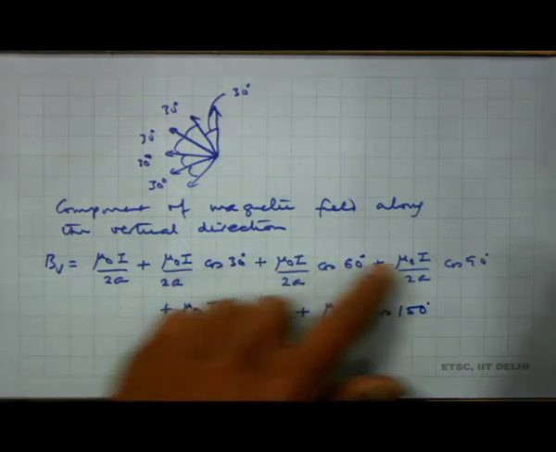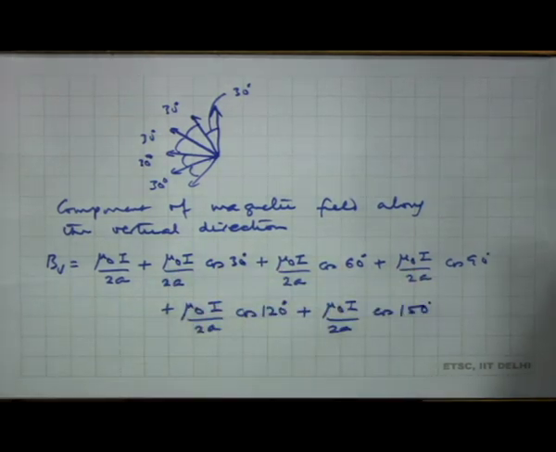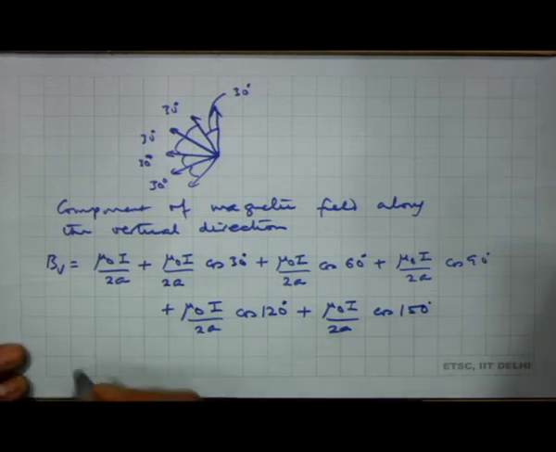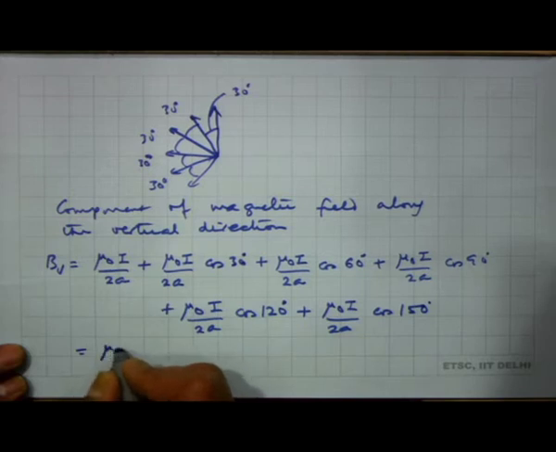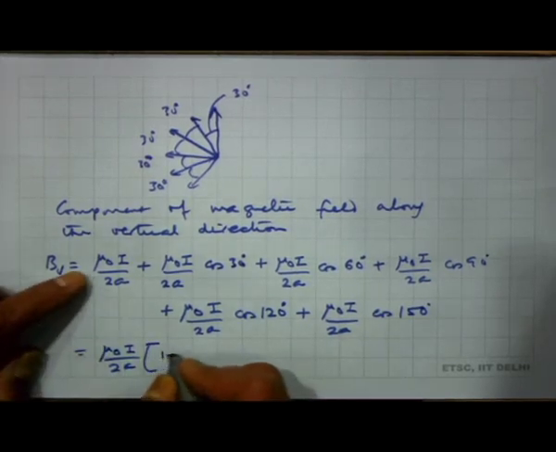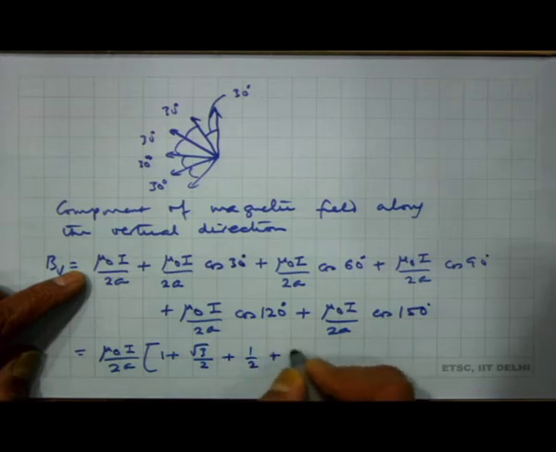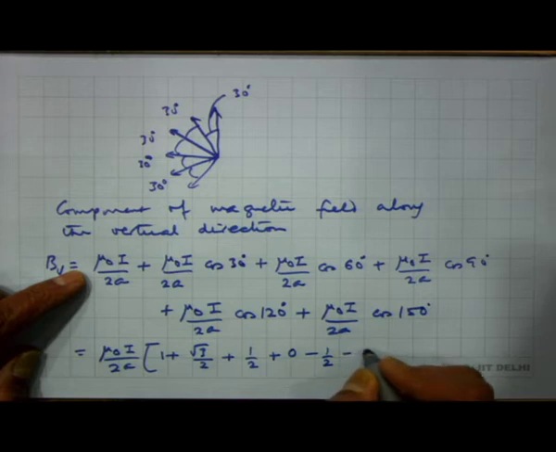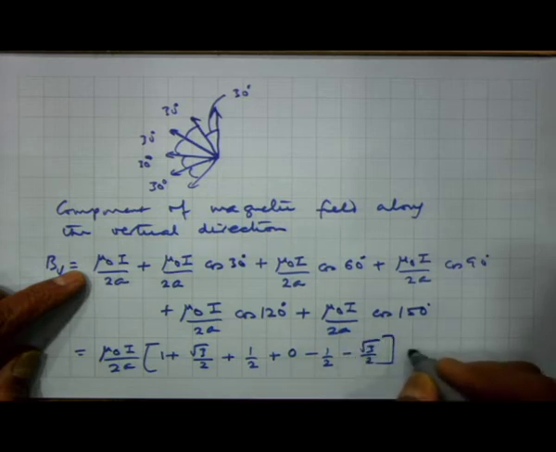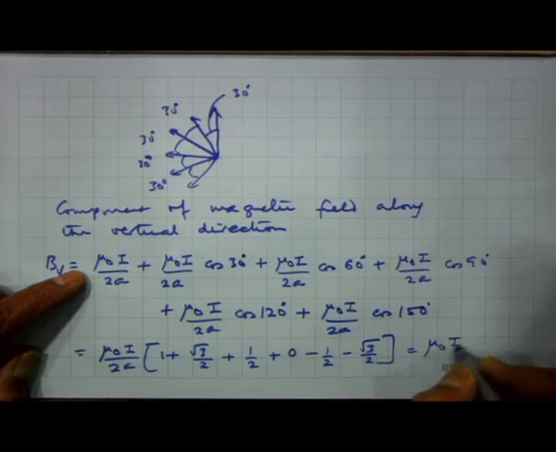1, 2, 3, 4, 5, 6. 6 coils produce different magnetic fields. This is the vertical component of each of the magnetic fields, which I can add up, and this happens to be mu naught I by 2a into 1 plus cos 30 is root 3 by 2 plus cos 60 is half, cos 90 is 0, cos 120 is minus half, and cos 150 is minus root 3 by 2, and this happens to be equal to mu naught I by 2a.